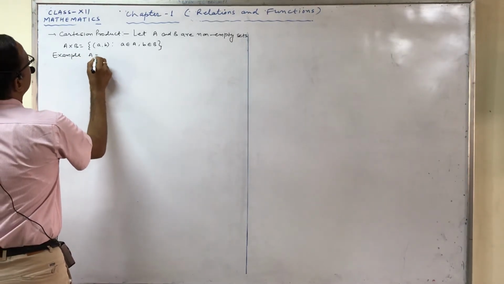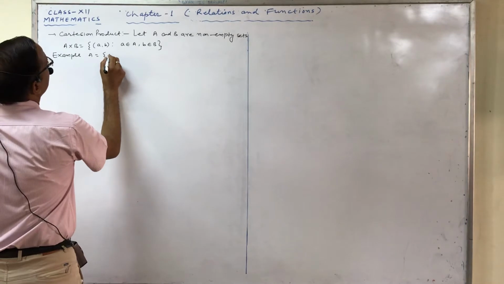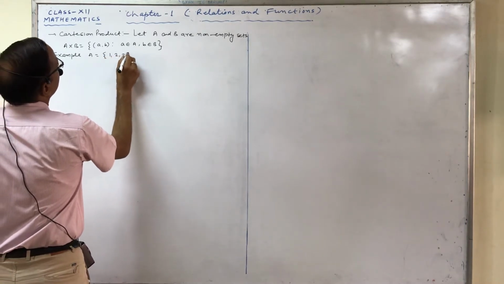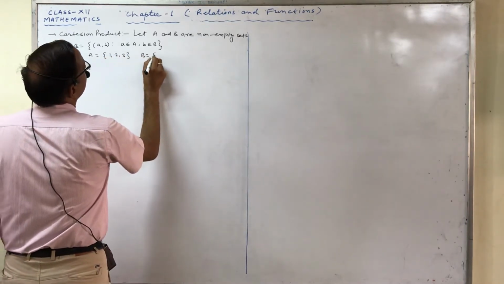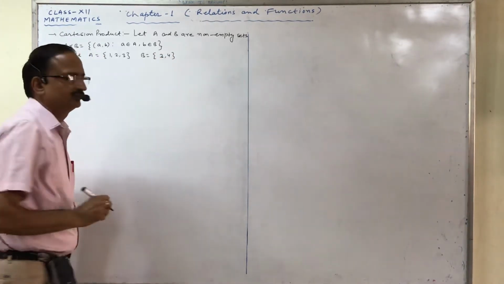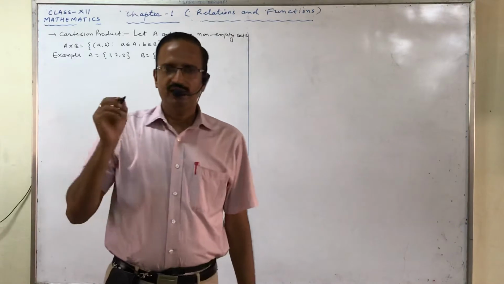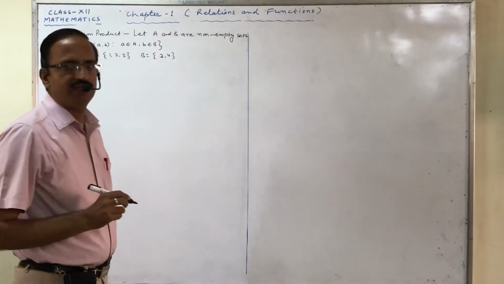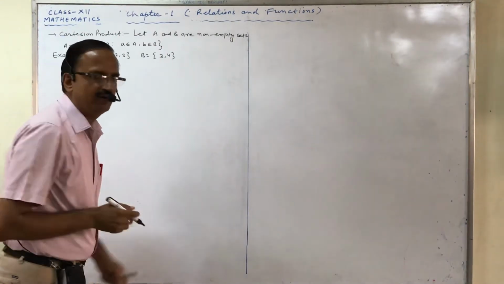Suppose A is the set containing 1, 2, 3, 3 elements, and B is the set containing 2 elements. Then A cross B is the set of all ordered pairs.